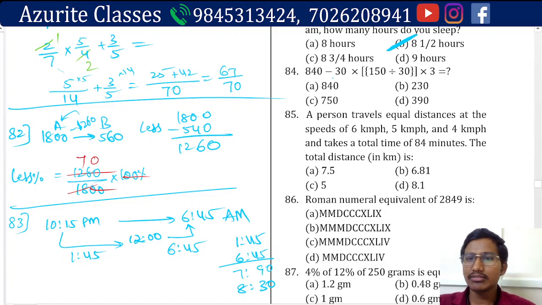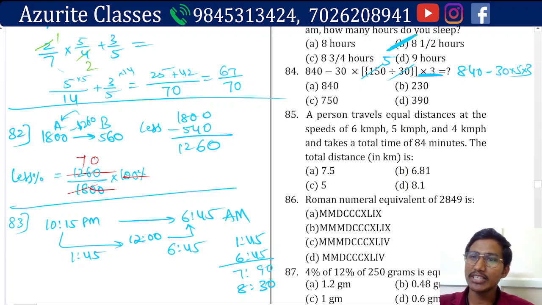So I will solve it here only. So 84: 35 fives are 150, 5 will be remaining, and 35 is 150 again. So then again we have to multiply 3 also, right? So here what will come? That is 840 minus 30 into 5 into 3, right?